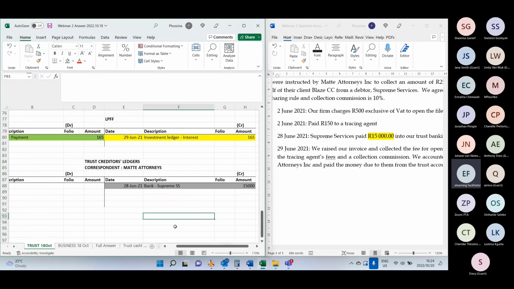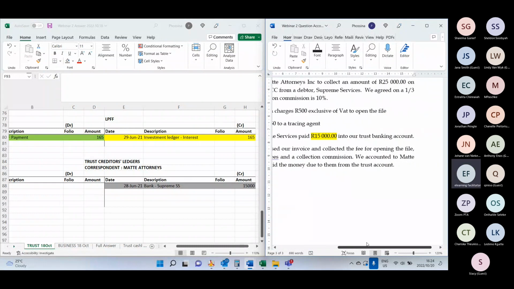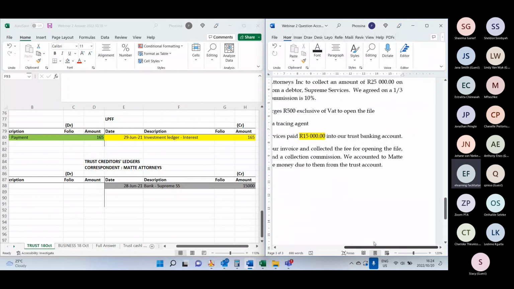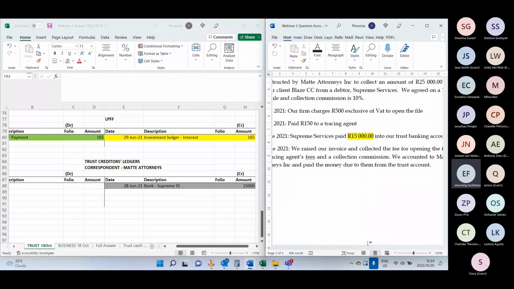Okay, and then we are told that on the 29th of June 2021, we raised our invoice and collected the fee for opening the file. So for opening the file, we had already raised an invoice, and the tracing agent's fee we've accounted for, but the thing that we have not accounted for is our collection commission.